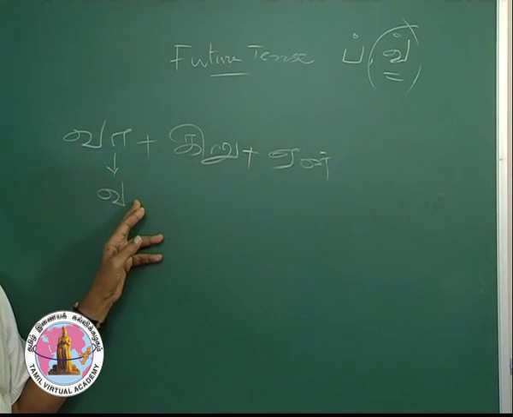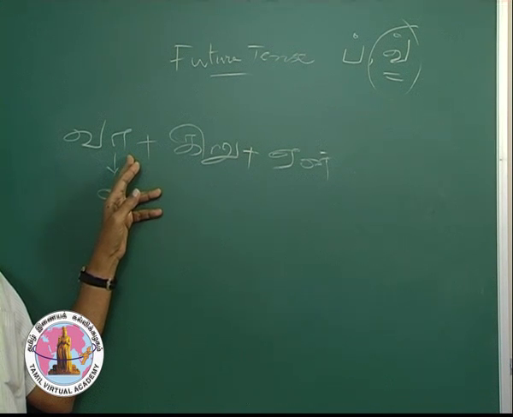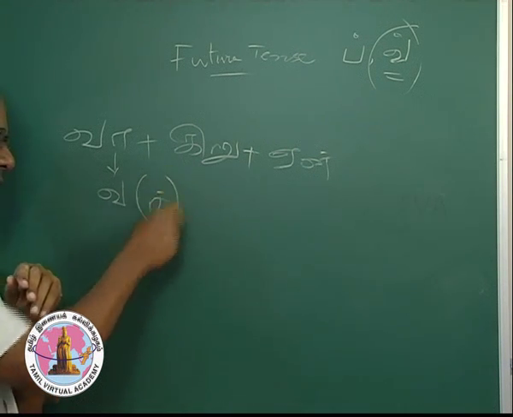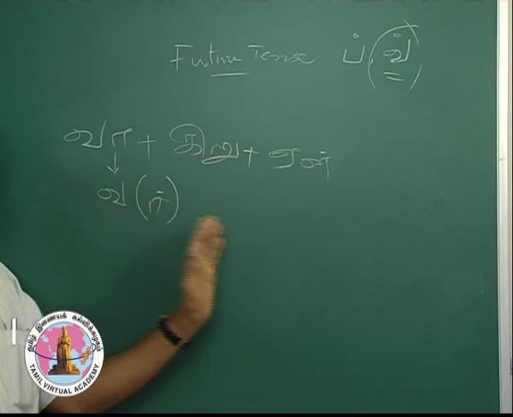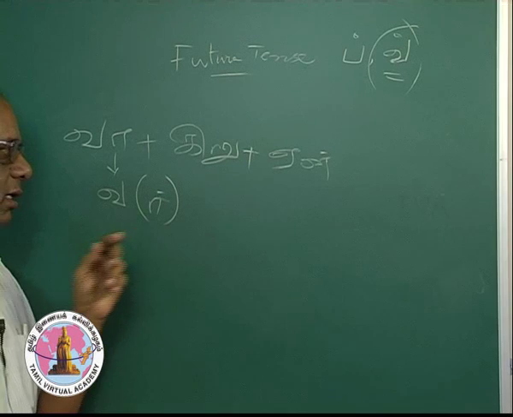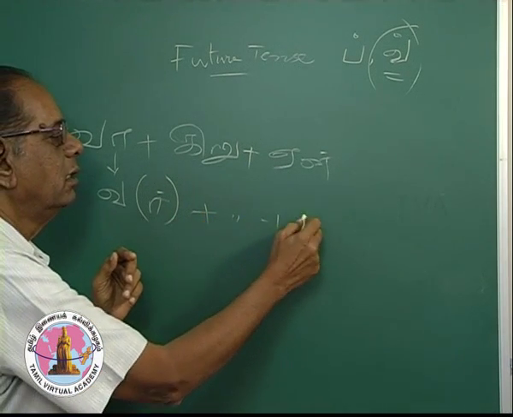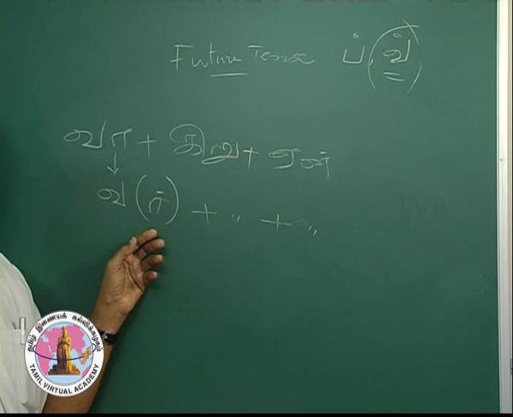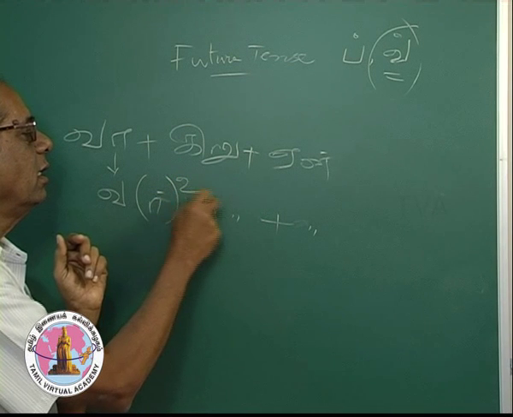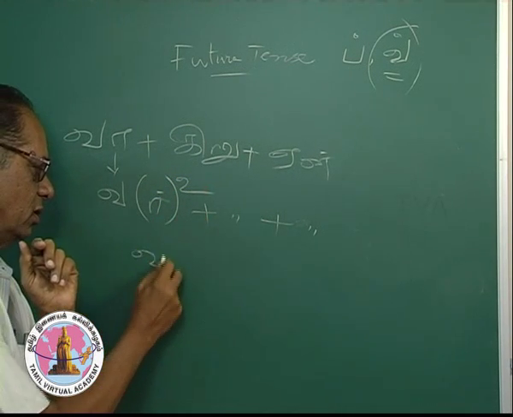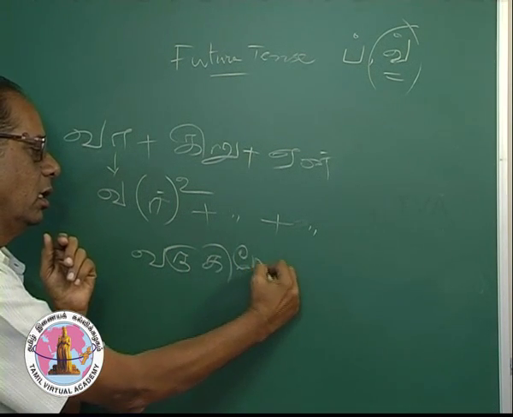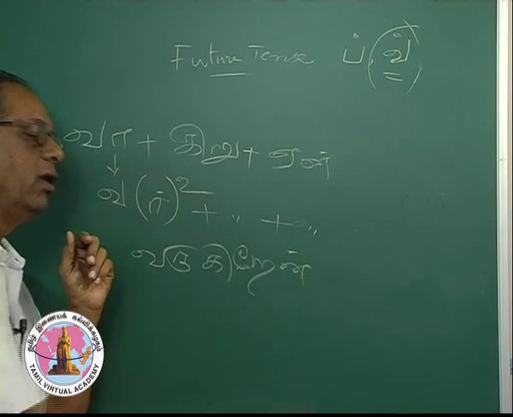It's a long consonantal vowel, it becomes a short one, va. And for the sake of conjunction, that is putting words together, you bring in r. Var plus kiru plus en. To combine these two, you bring in a vowel. It becomes varugiren.